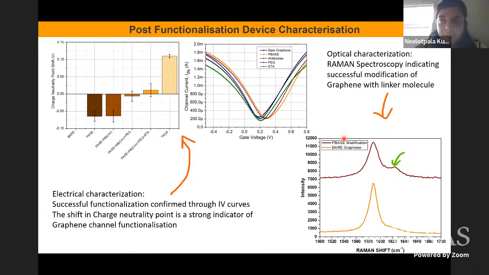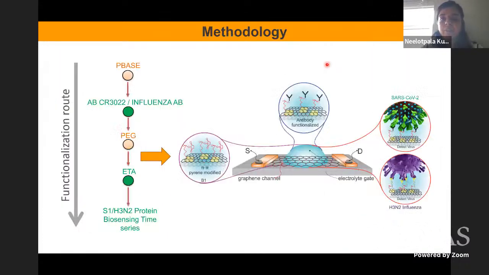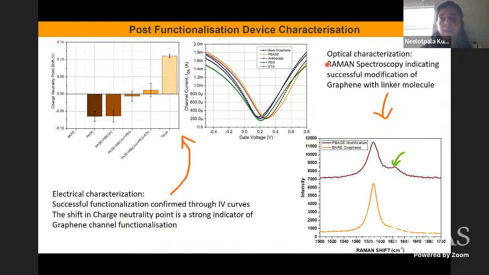Yeah, so coming more into the detailed science over here, we just saw that to prepare graphene for detection of COVID and flu, we made it undergo several steps of functionalization. There are two ways we have been able to identify whether the functionalization that we were doing is successful or not.